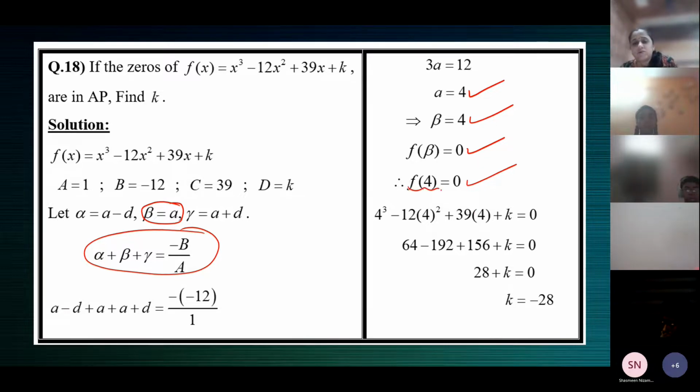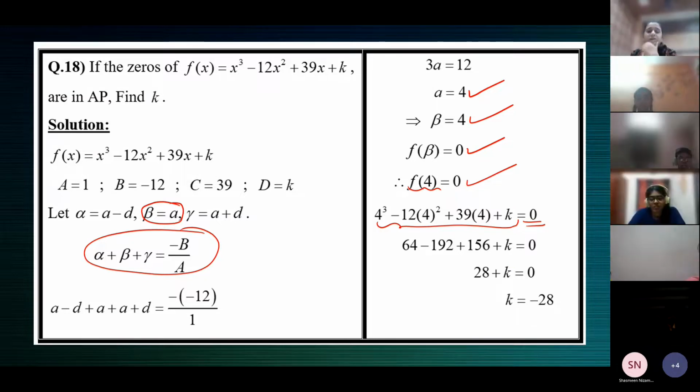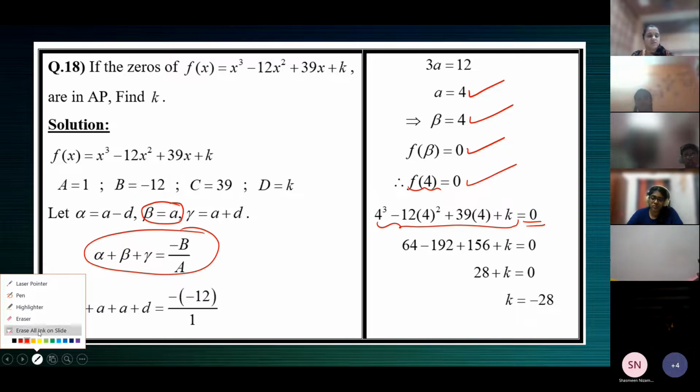Now what is f of 4? Wherever there is x, you should use 4, is equal to 0. So solve this and find the value of k. That's the question. Take a picture, children.